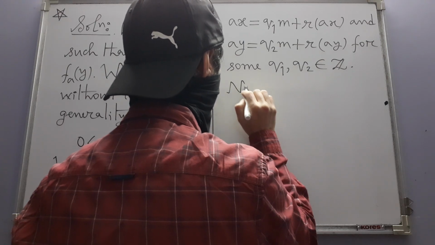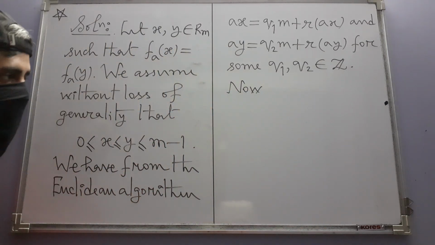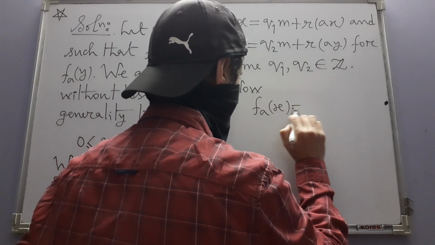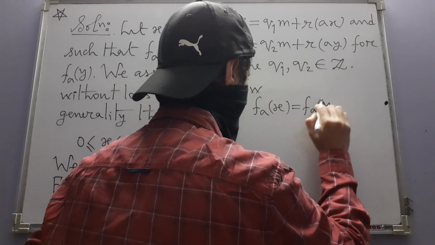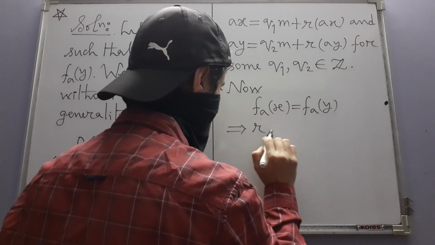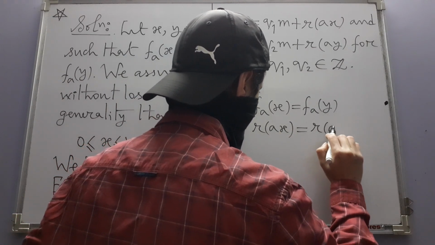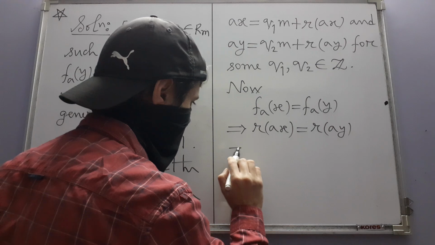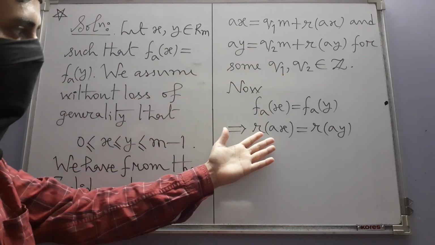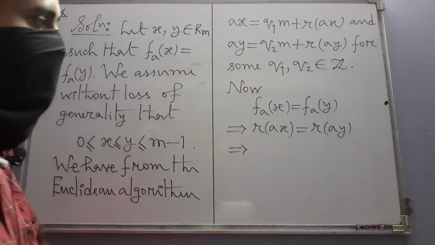Now it is given that these two things are equal, right? fa of x is equal to fa of y. So this implies what? r of ax is equal to r of ay. But now we can use these two equations and write something here in place of r of ax, namely ax minus q1 m.